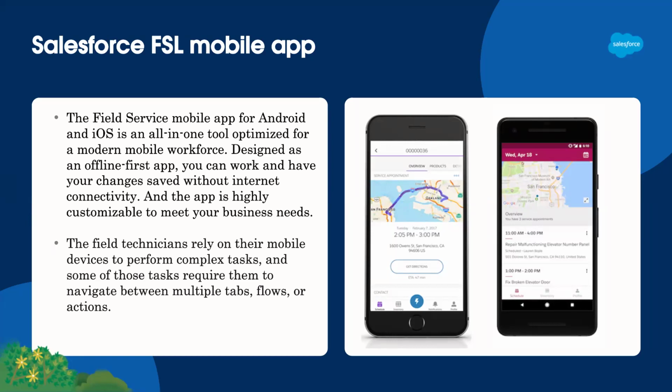It is accessible to the field technicians and allows them to perform extremely hard tasks, some of which require them to navigate between multiple tabs, flows, and actions. The mobile app is nothing but a compacted form of the entire FSL layout on the Salesforce platform, minus some of the features. Most of what is accessible to the field technicians is available in the mobile app.